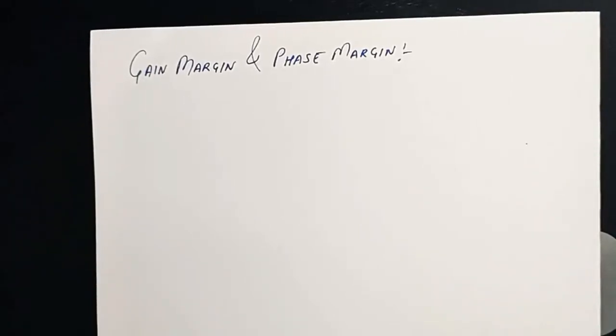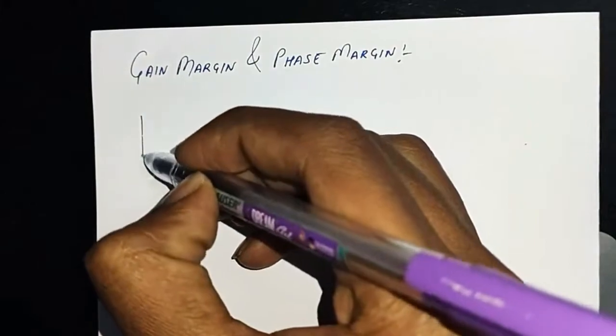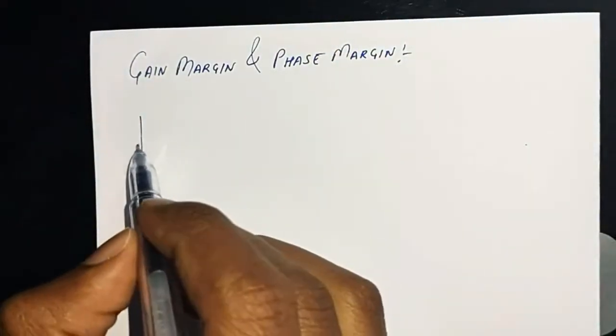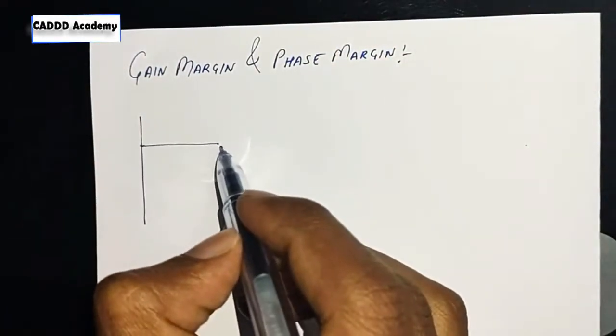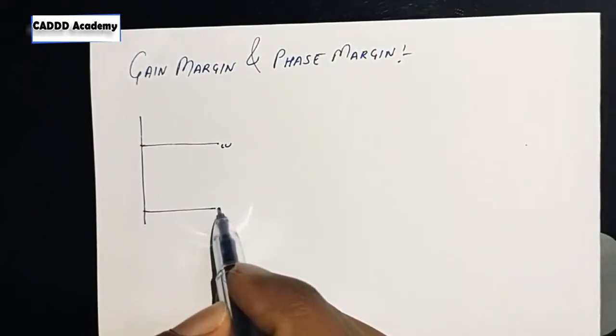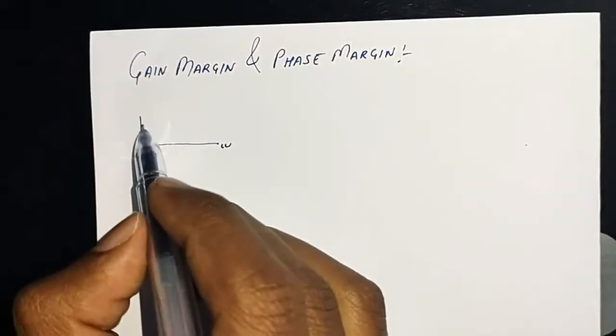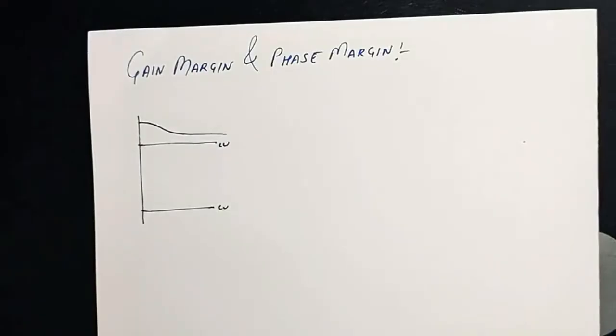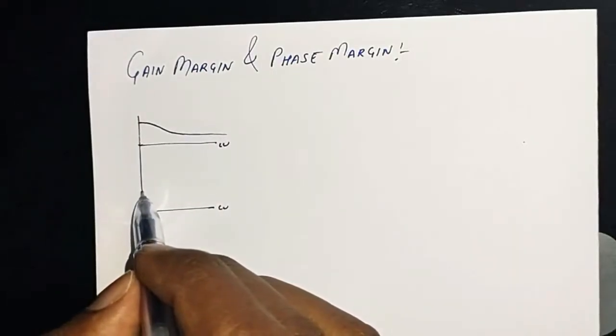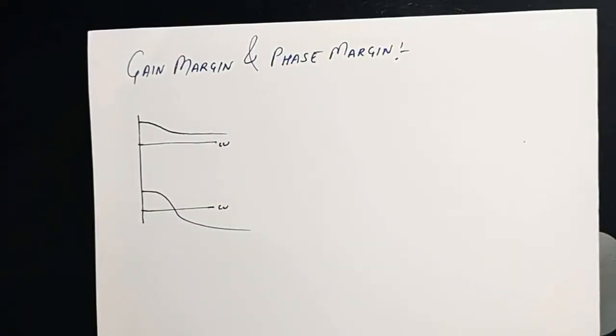In this lecture of control system, we are going to discuss the gain margin and the phase margin. So first of all, I am drawing a system response. For that system, the magnitude response is like this and the phase response is like this one.